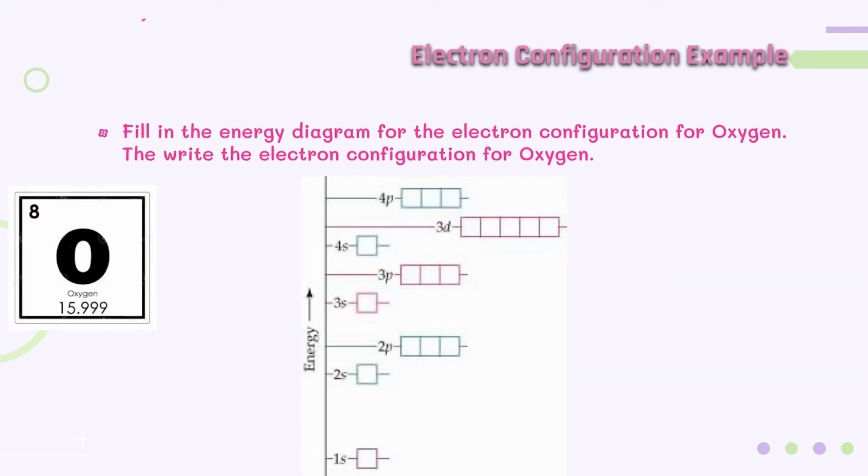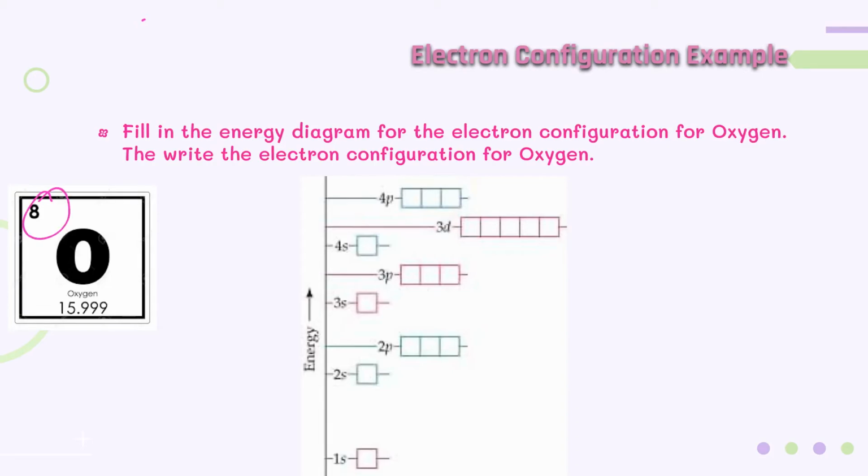Let's do an example of electron configuration together. The question states, fill in the energy diagram for the electron configuration for oxygen. Then write the electron configuration for oxygen. Well, how many electrons total does oxygen have?